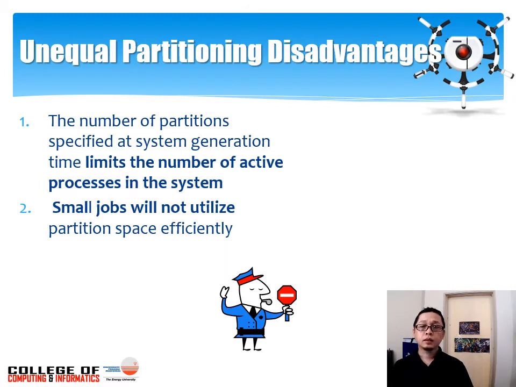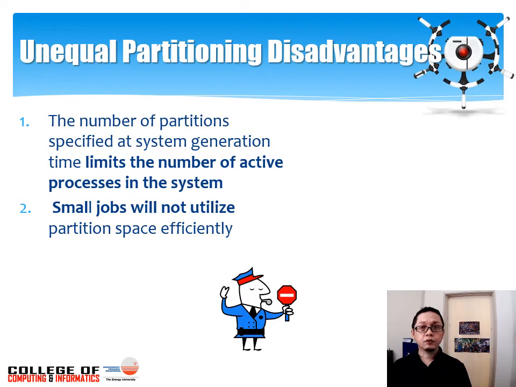So again, it comes with certain disadvantages to the process that wants to use it. First of all, the number of partitions specified at system generation limits the number of active processes in the system. So let's say you have a number of big processes coming in. Of course, it cannot use the smaller partitions already placed for smaller processes.